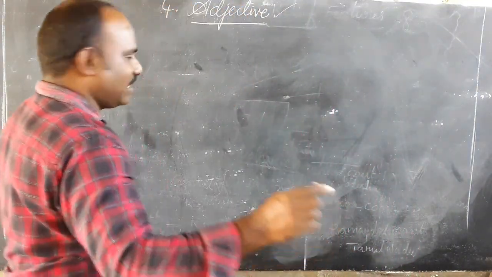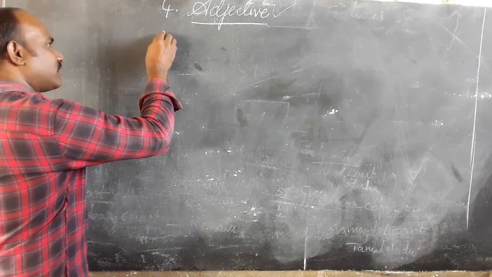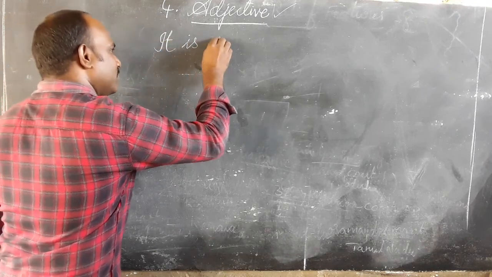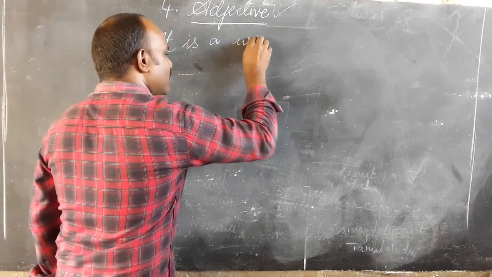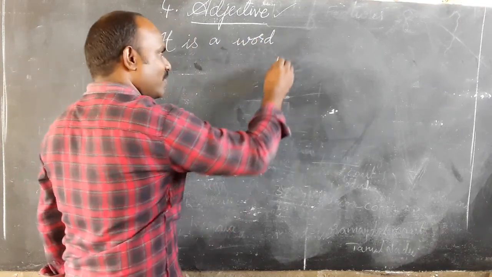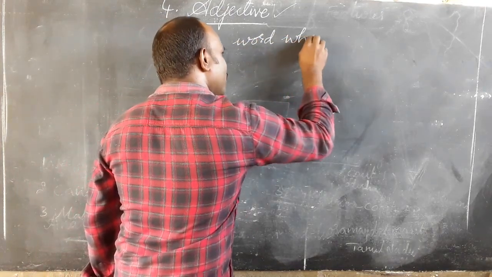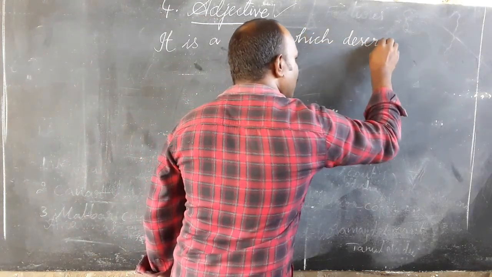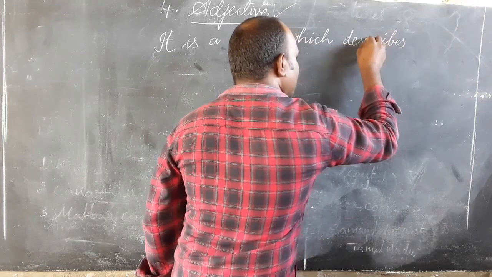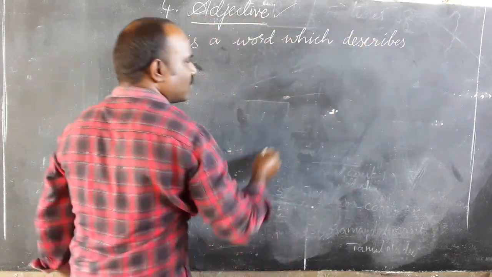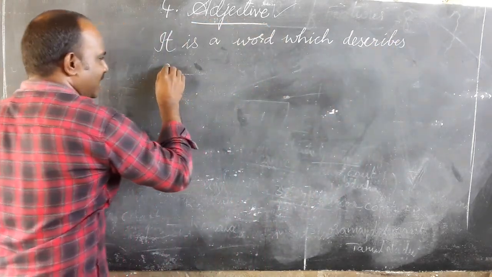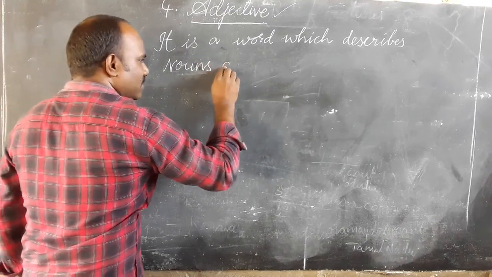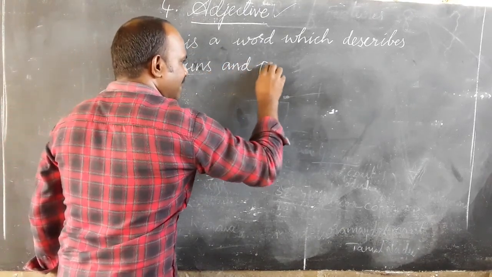We'll see. Adjective means it's a word which describes nouns and pronouns.